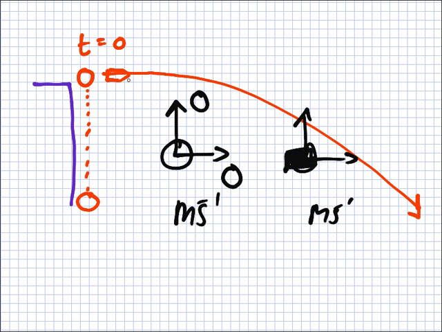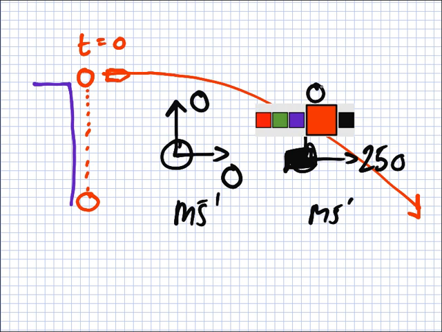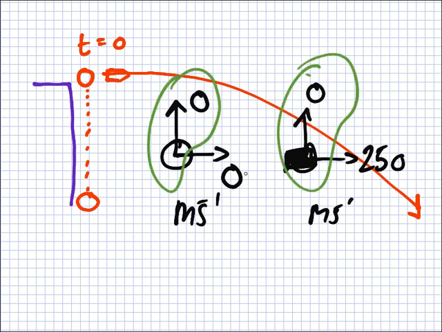The bullet can be fired at a very high speed, let's say 250 meters per second. And this could be 0 as well. The bullet is just fired horizontally. In both cases, the vertical is 0. And in both cases, they have to vertically fall maybe 10 meters. And it actually doesn't matter what's happening horizontally.